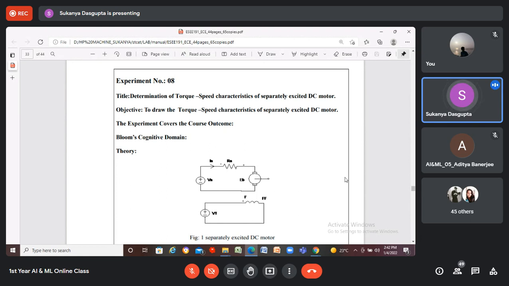So what is the basic working principle? As I told just now, it is just like a current carrying conductor placed inside a magnetic field.